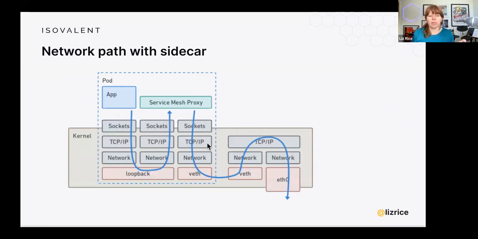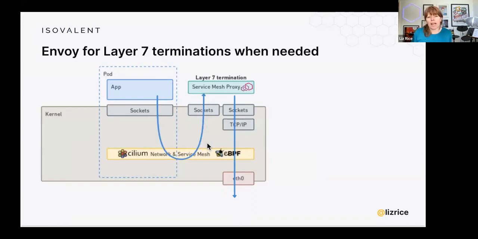Within the pod, a packet has to traverse the pod's network namespace essentially 3 times: it comes out of the application, gets routed through the proxy, and then back out of the pod onto the host, where it then needs to go through the host network stack in a traditional networking environment. But if we're using eBPF, we can route those packets through the eBPF fabric, and where necessary, route into the Service Mesh proxy on the host as needed.